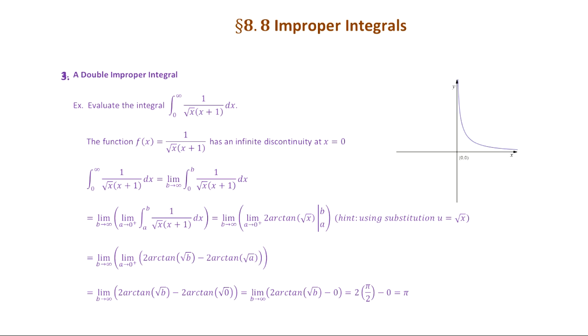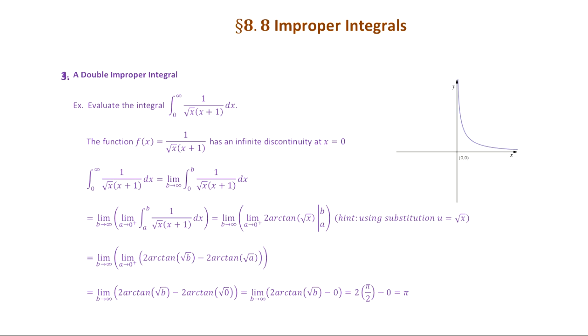So using substitution, u equals square root of x, then you can find the antiderivative for this integral to be 2 times arctangent of square root of x. And then just integrate from a to b and take the limit with a approaching 0 from the right.